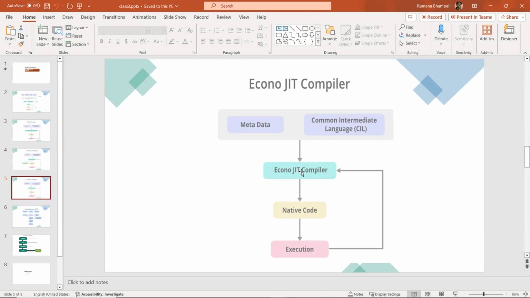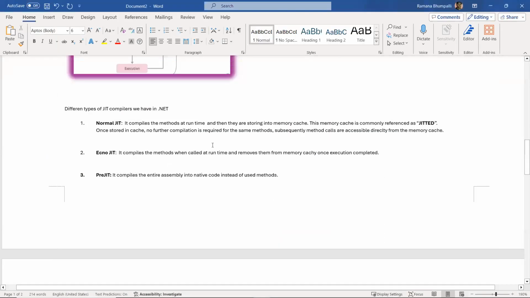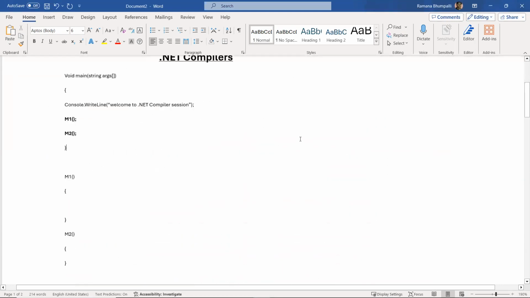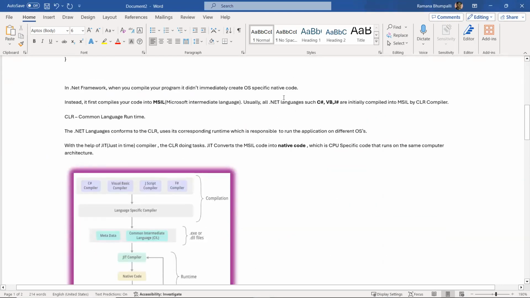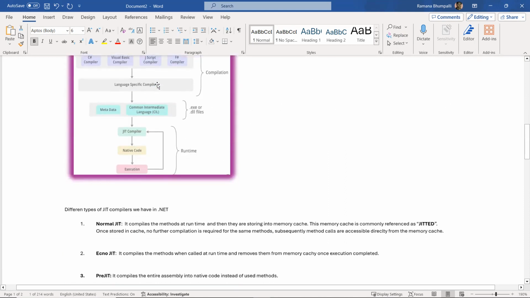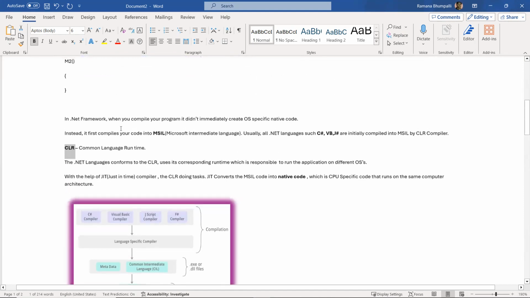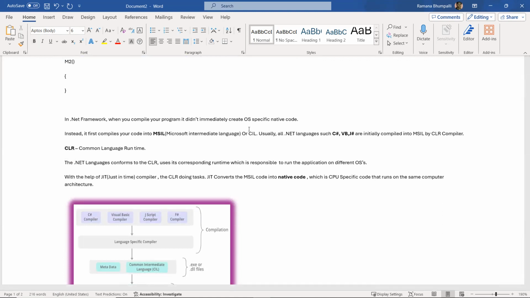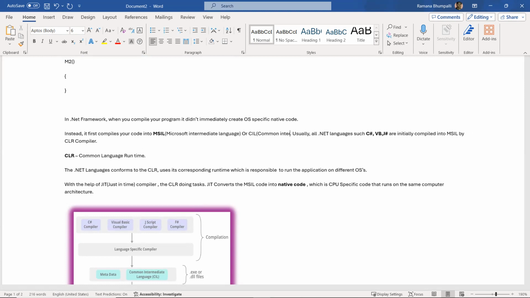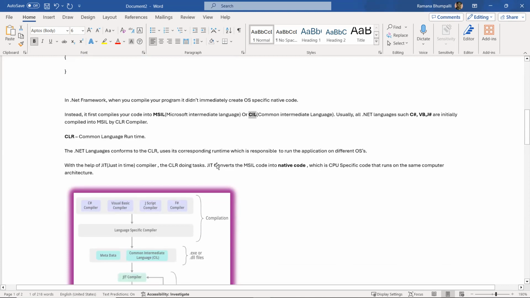So this is something about .NET compilers. We basically have the CLR, the Common Language Runtime, which takes care of C# and all the .NET language compilers, and converts the code into MSIL or CIL, which stands for Common Intermediate Language. Both are the same.